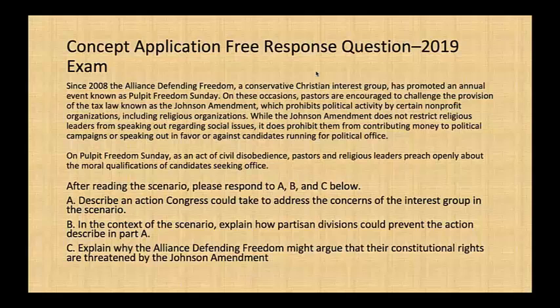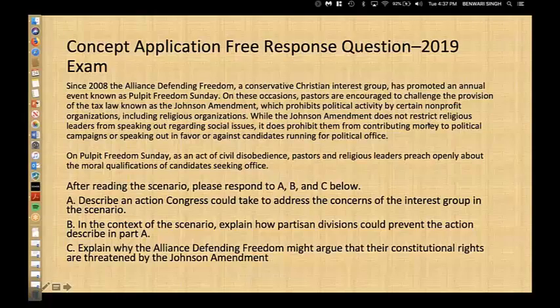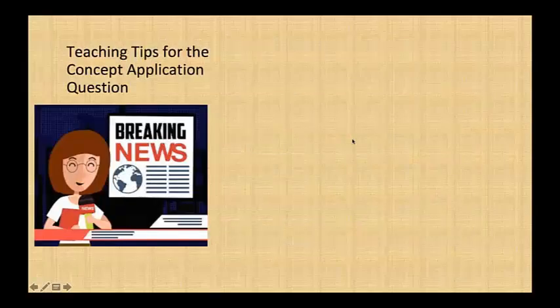And so kids had to take what they knew and apply it to this scenario. And so unless you covered this specifically in your class, and you probably didn't, I know I didn't, the key is for kids to have lots of practice with other kinds of scenarios so that they can take those skills and transfer them regardless of what they might get on the exam.